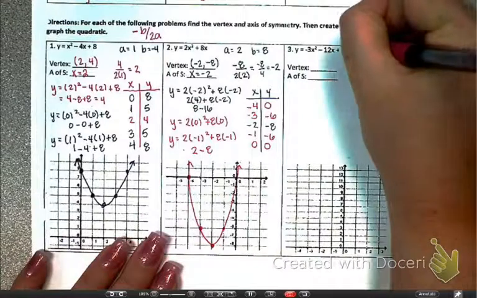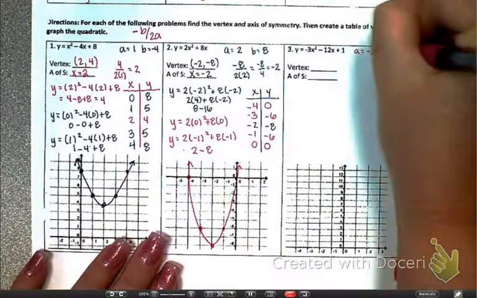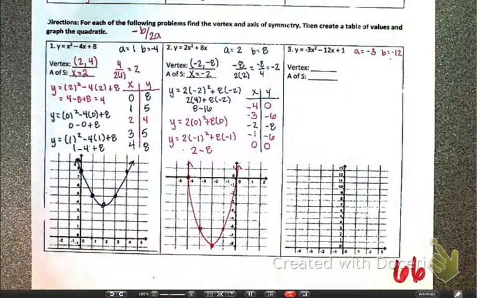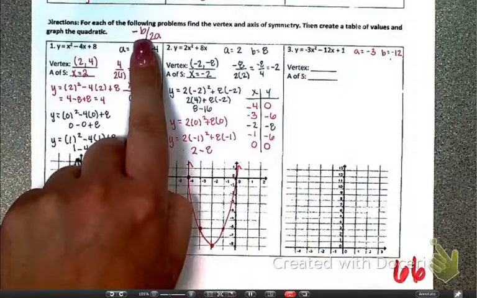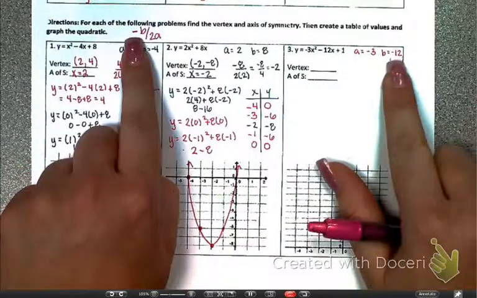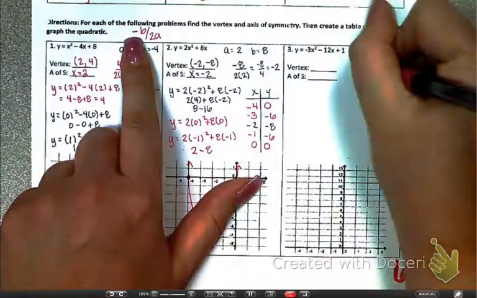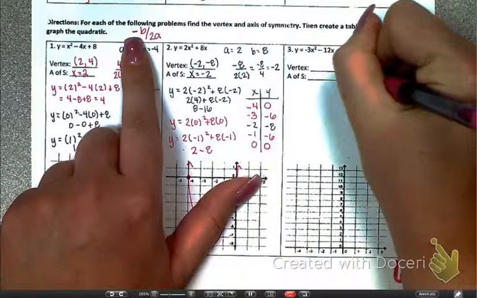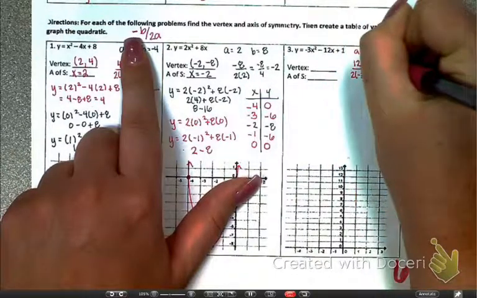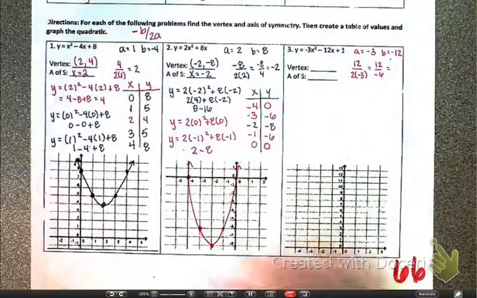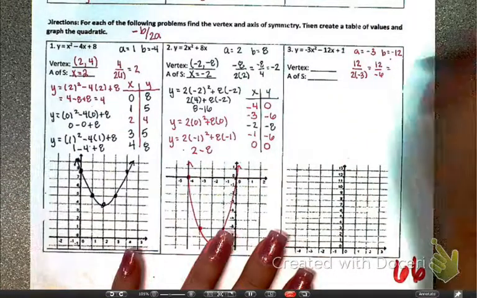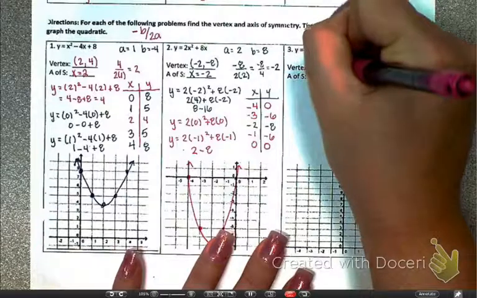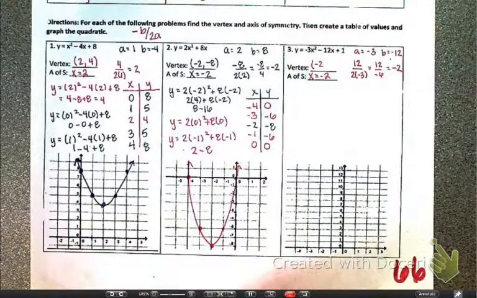What's A? And what's B? Okay. So A is -3, B is -12. When I plug it in to -b over 2a, so this is negative and I have a negative. So it becomes a positive 12 over 2 times -3, or 12 over -6. What's 12 divided by -6? -2. That is the x value of my vertex, and it's also the axis of symmetry.